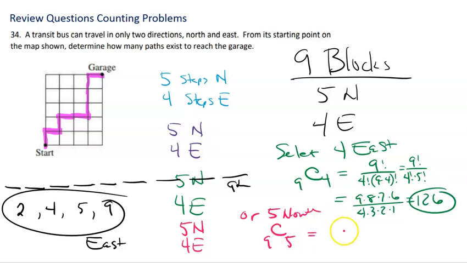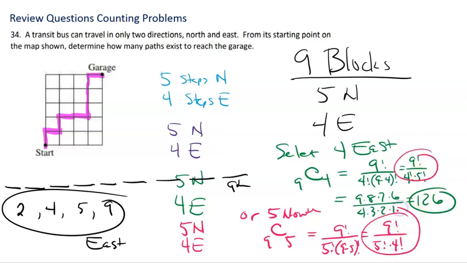And that calculation is 9 factorial over 5 factorial times (9 minus 5) factorial, which is 9 factorial over 5 factorial times 4 factorial. Compare this and this. Notice they're exactly the same, just the order the denominator is written in is switched around. Calculation-wise, it's still 126.